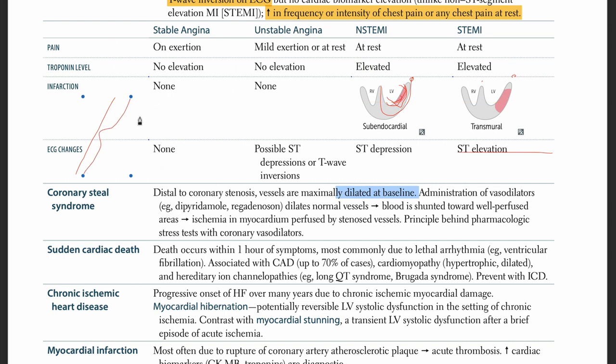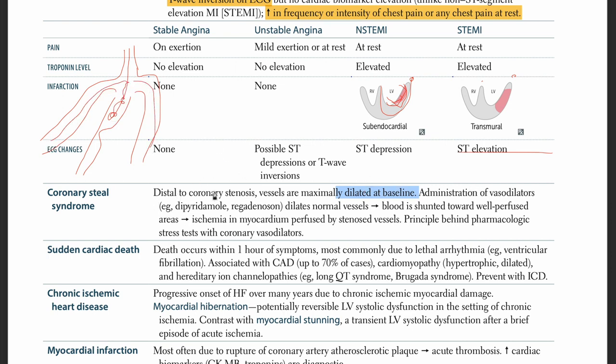Then administration of vasodilators. This vessel is also supplying this, and this. The coronary has branches like this, so it's going to pull blood here, and then it's just going to go into this side or this side.